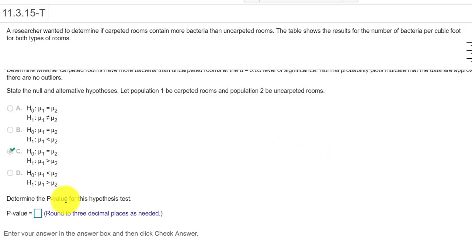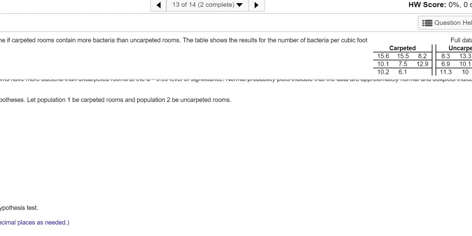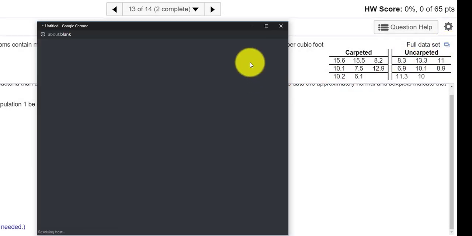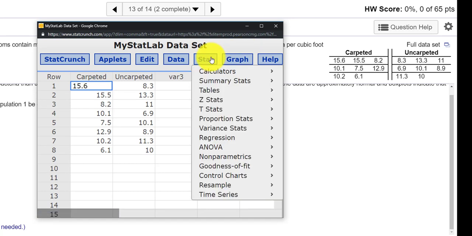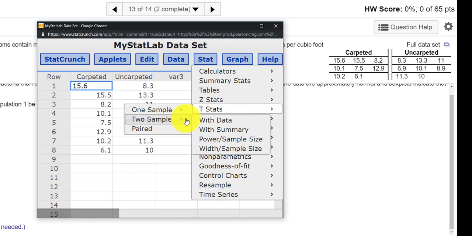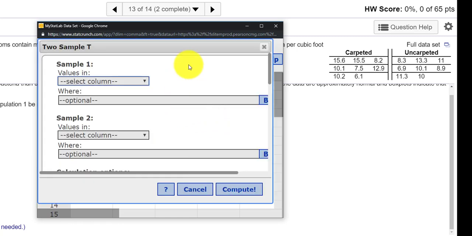Next, it says determine the p-value. So let's take this data and open it in StatCrunch. We want to press Stat, T Stats, Two Sample, and we have the data. Carpeted is column 1, uncarpeted is column 2.